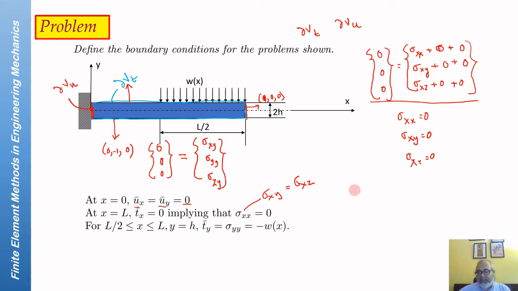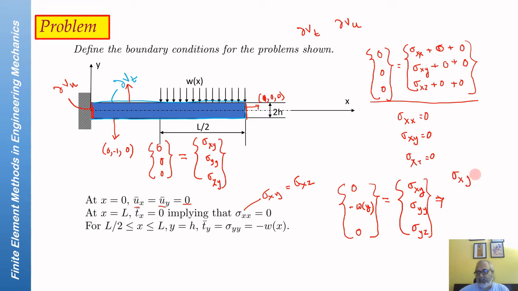On this part, the traction is not 0. That's not a traction-free surface. You have (0, -w, 0) as the traction. The normal is in the positive y direction. So on this side, I will have sigma xy ny, sigma yy ny, sigma yz ny, with ny equal to 1, which will imply that sigma xy is 0 there, but sigma yy is equal to minus w, and sigma yz is 0.